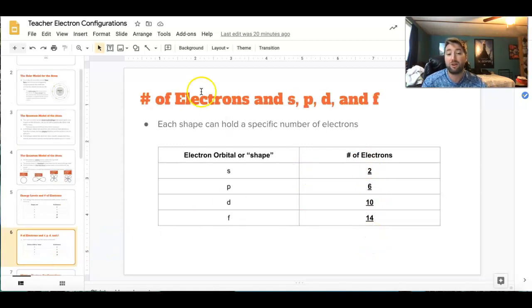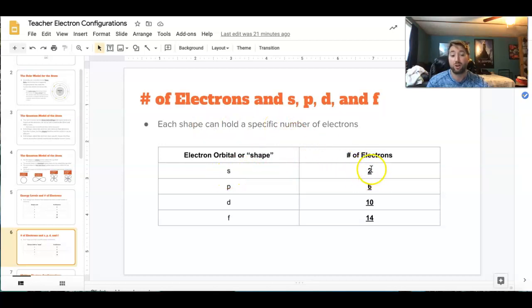Alright, so let's talk about the number of electrons in the S, P, D, and F. We talked about the different energy levels, or the different distances that these electrons are orbiting from the nucleus. Just as the different energy levels can hold different numbers of electrons, each shape can also hold a specific number of electrons. The S orbital can only hold 2 electrons.